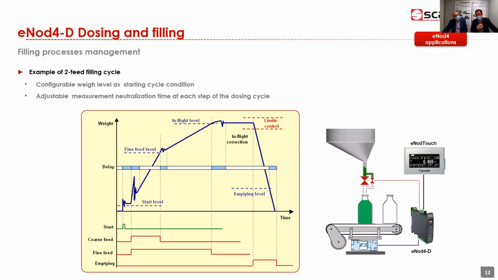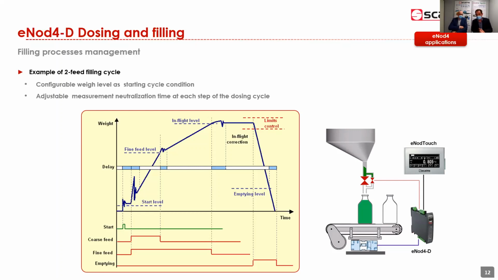I can now present to you a complete filling cycle, so that you can better understand the different functionalities integrated into our eNod4D controller. This is a basic, standard filling cycle. Just an example.